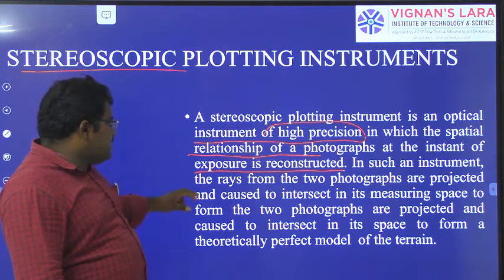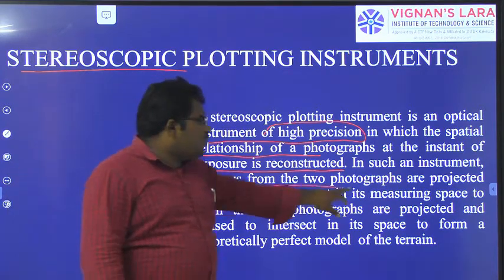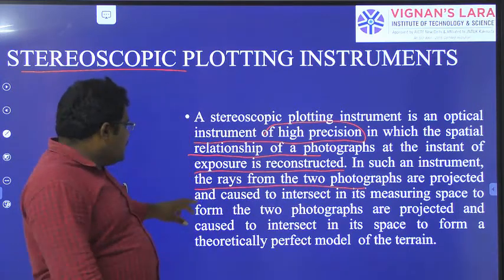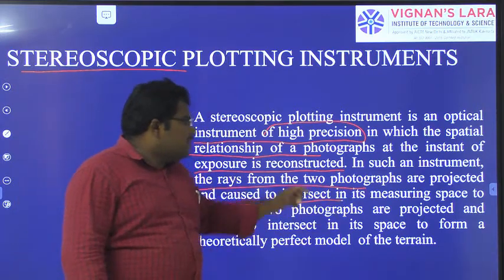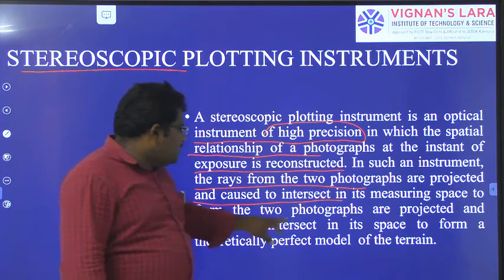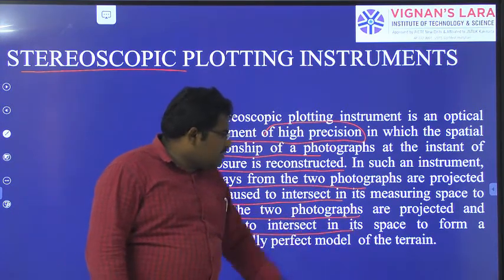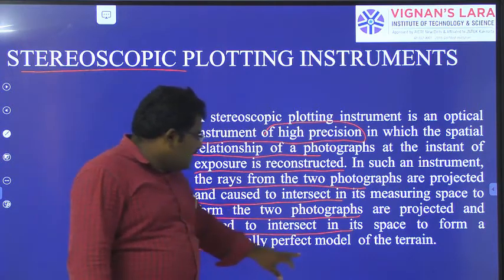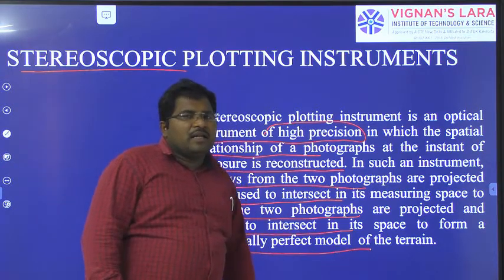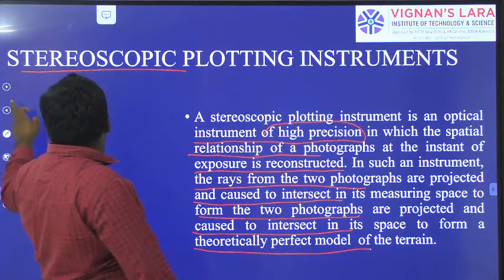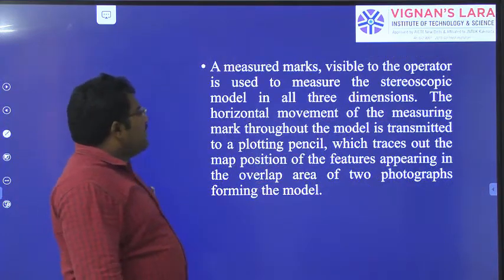So in such an instrument, the rays from the two photographs are projected and caused to intersect in its measuring space to form a theoretically perfect model of the terrain. Okay, so we are going to intersect both rays and get the perfect terrain, right?